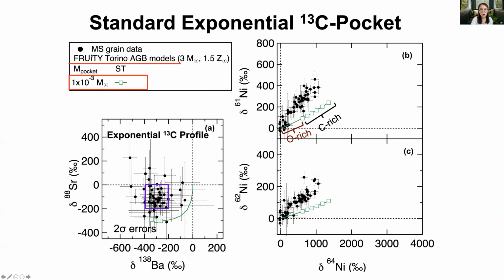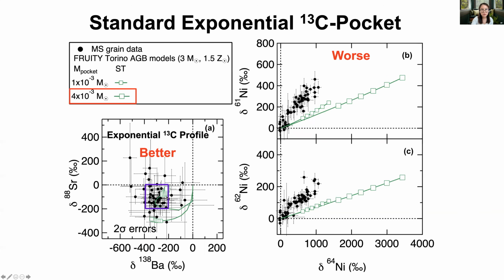This was named the standard case because the solar system s-process abundances were produced using such a case by Arlandini et al. 1999. However, we see that the model predictions match poorly with the grain data, which means that we need to play with different carbon-13 formation parameters in order to improve the data-model agreement.